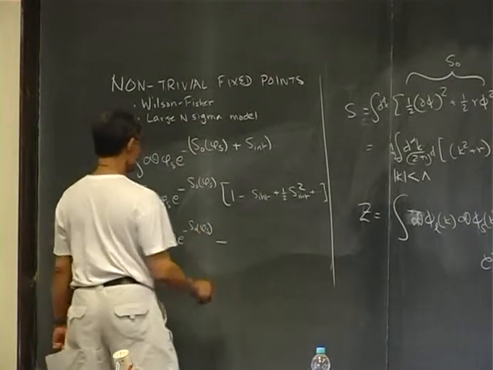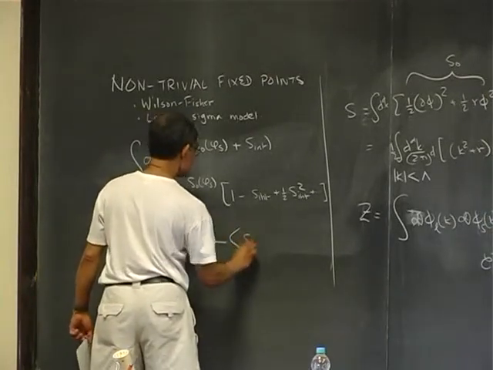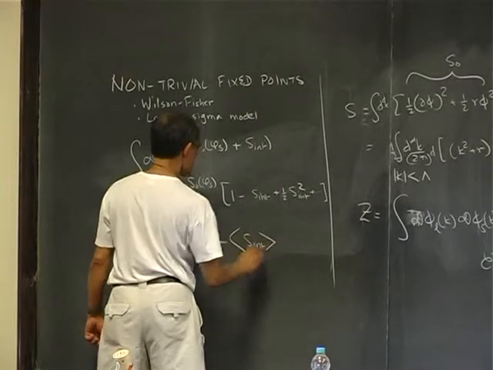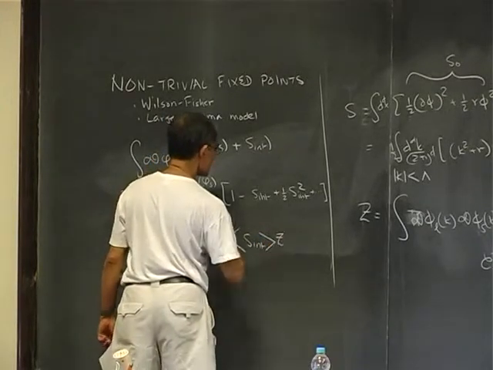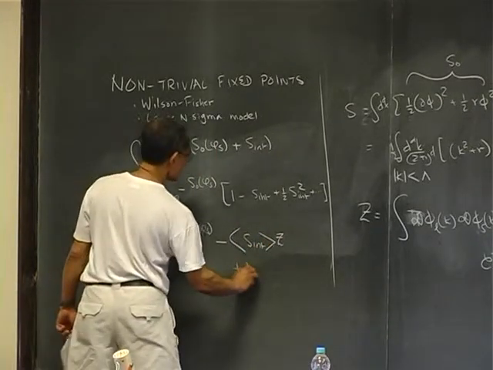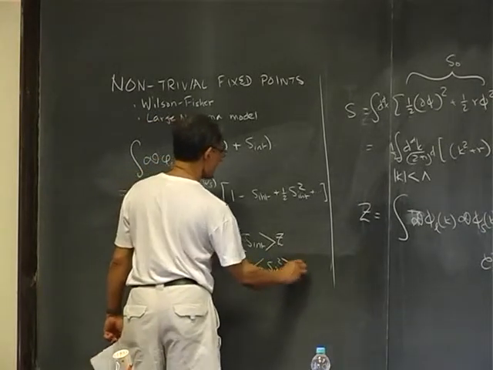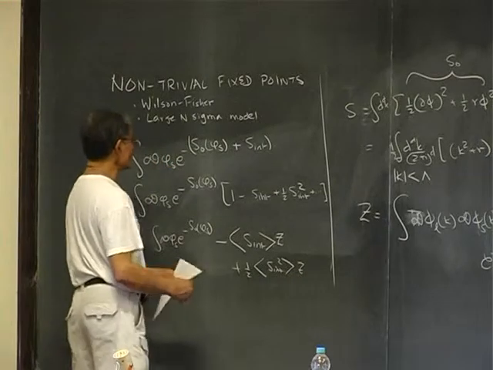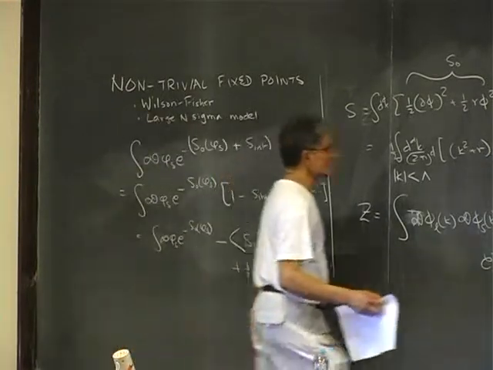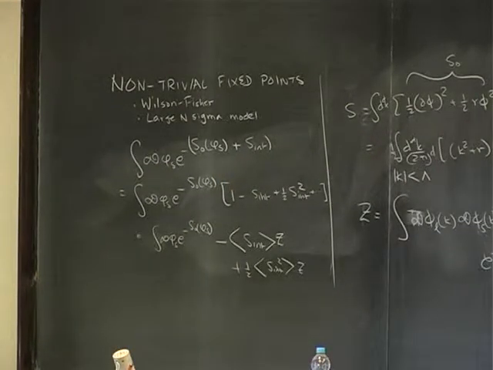The second term is given by the expectation value of S interaction times the partition function, and the next is given by the expectation value of S interaction squared times the partition function. And if you do it carefully, you will also see that this term comes because of the subtraction of the denominator.